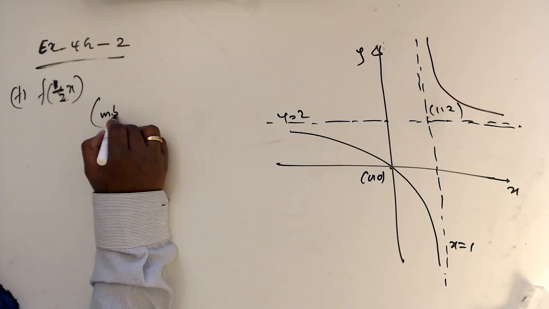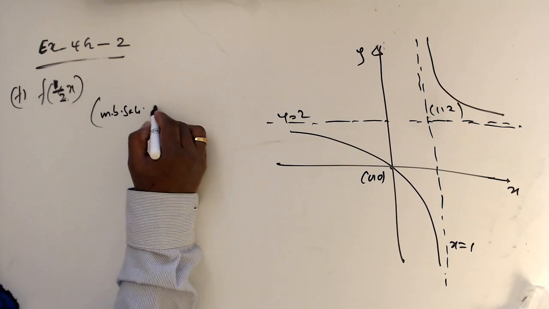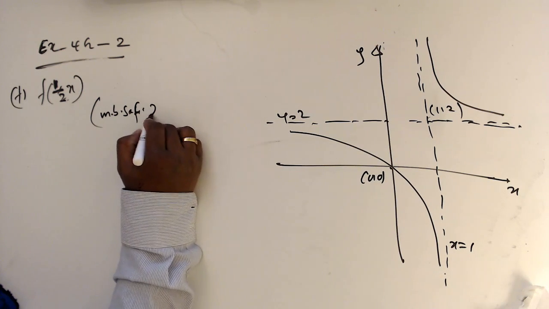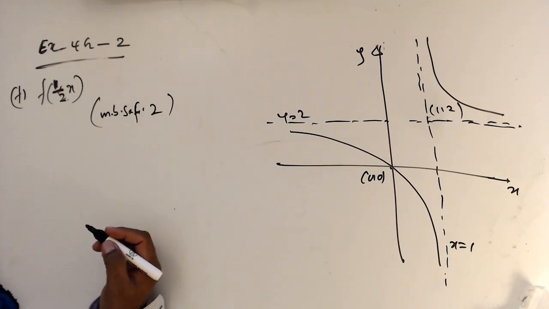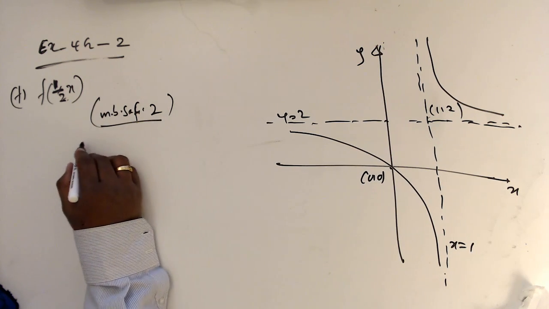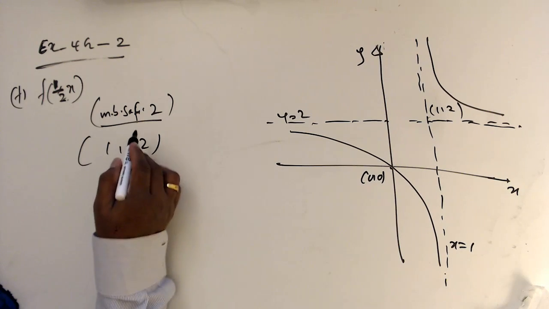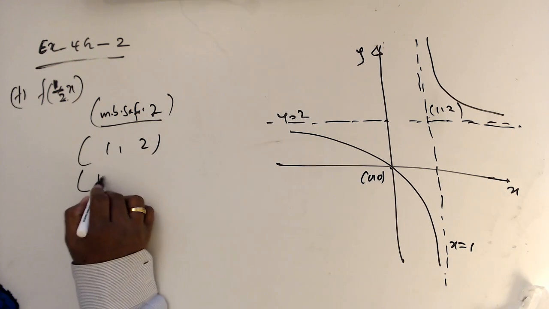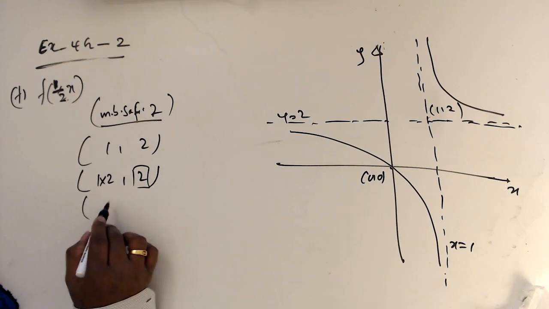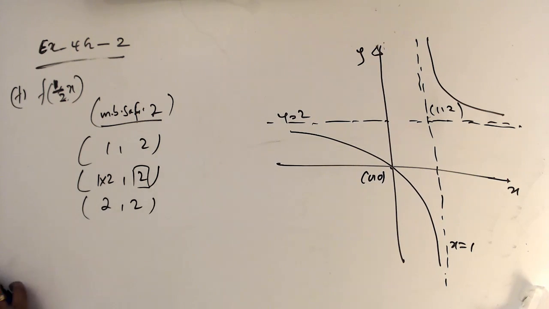If we have 1, 2, you multiply the x value 1 times 2. Y is fixed. So this is 2, 2 basically.